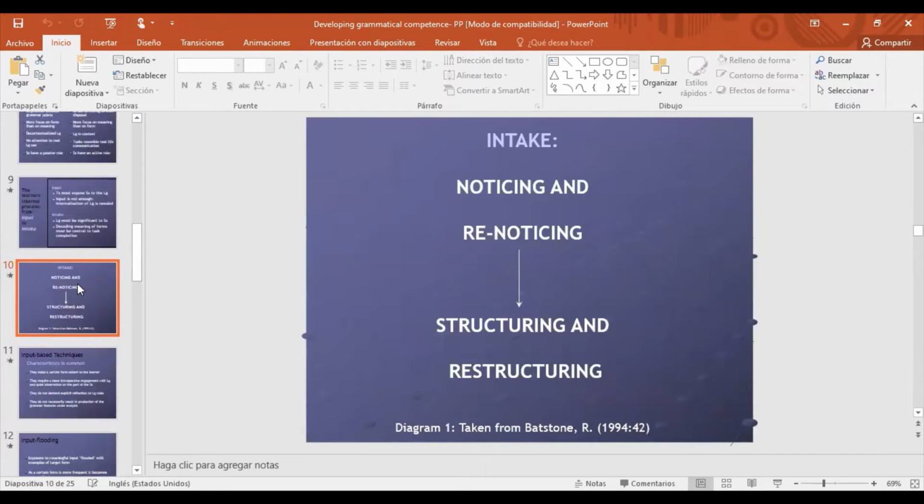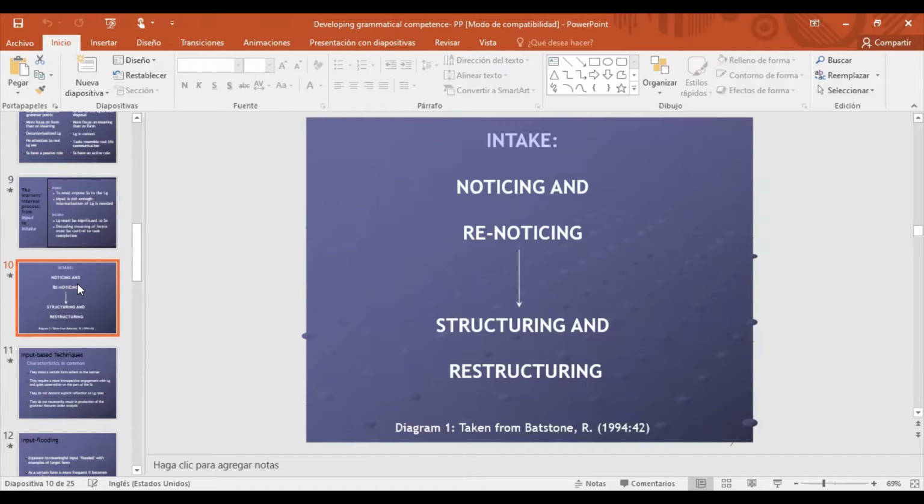Also, this question of noticing and renoticing, structuring and restructuring, in the sense that the main idea when the focus is on form without the S has to do with the importance of the type of inputs the students get.